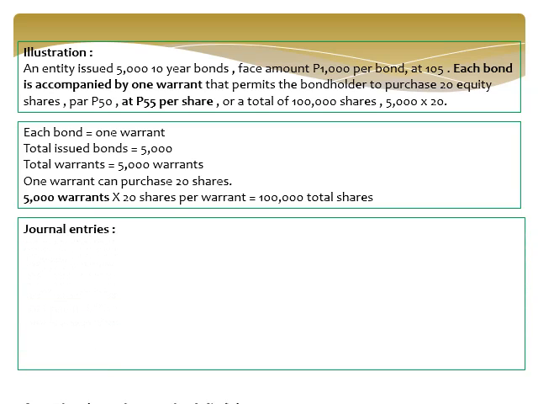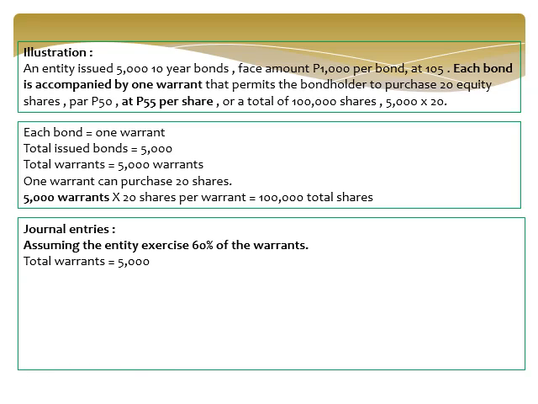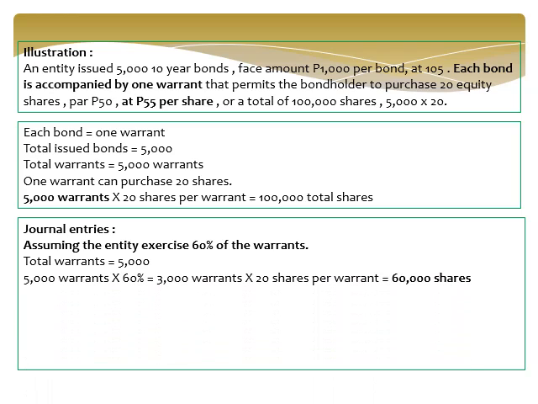So ngayon, let us prepare journal entries assuming the entity exercise 60% of the warrants. So hindi niya in-exercise yung buong 5,000 warrants. Only the 60% of the warrants. So total warrants, 5,000 times 60%, kasi 60% lang yung in-exercise.